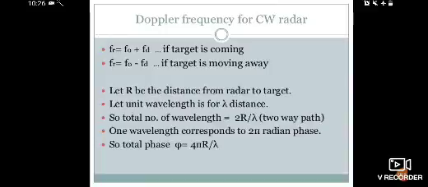The received frequency is FR equals F naught plus FD when the target is coming towards the antenna, and FR equals F naught minus FD when the target is moving away from the antenna. R is the distance from the radar to the target, and the wavelength is lambda. The total number of wavelengths is n equals 2R by lambda, in a two-way path. One wavelength corresponds to 2 pi radians of phase, and the total phase is given by 4 pi R by lambda.